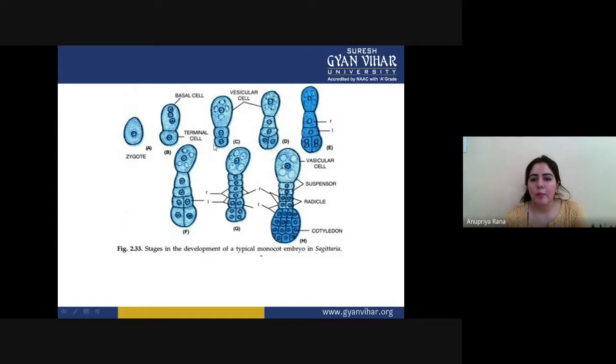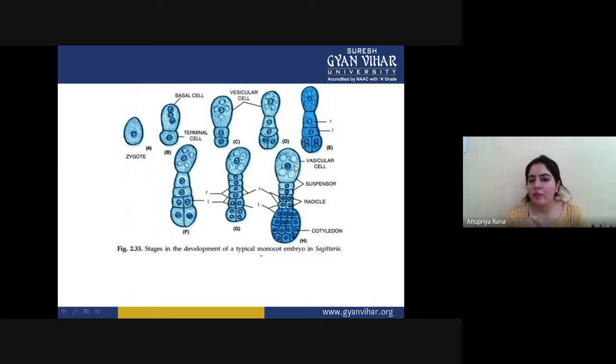After the developmental phases, there are several divisions inside them. You can see that even the terminal cell has free nuclear division, and after that cells will be formed. So you can see suspensor cells on this side. This is the micropyle, and this is the chalaza.